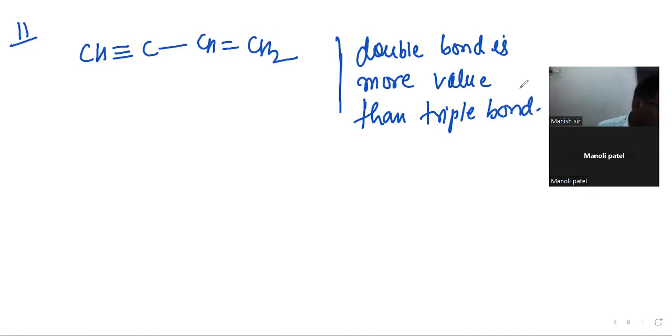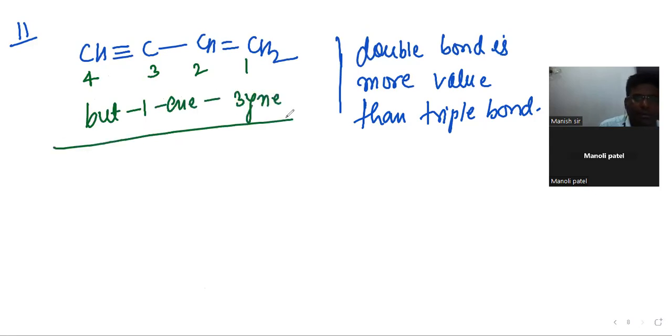So while naming the organic compound, we'll start from the right-hand side. The double bond is from there only, right? So it is 1, 2, 3, 4. 4 carbons are there, right? So it is but-1-en-3-yne.